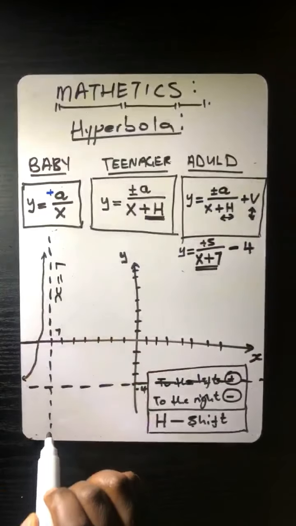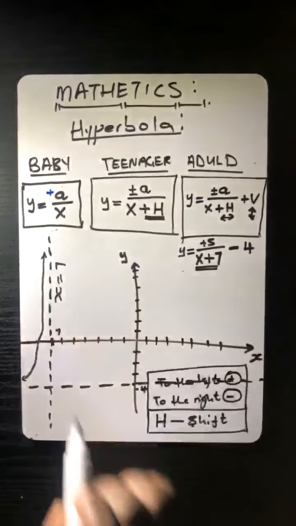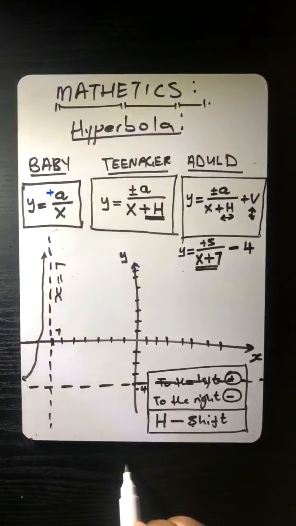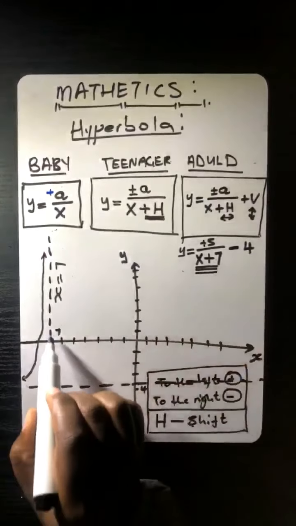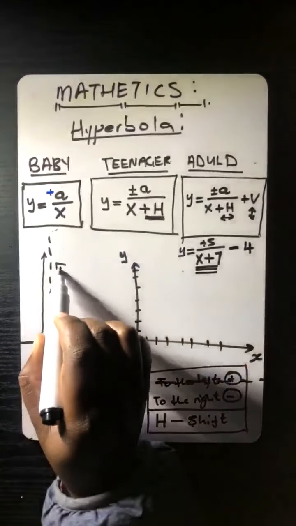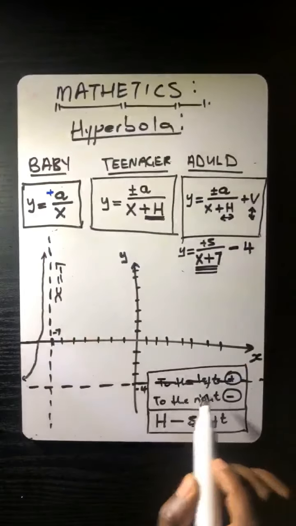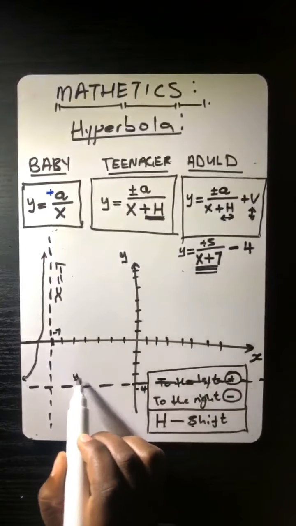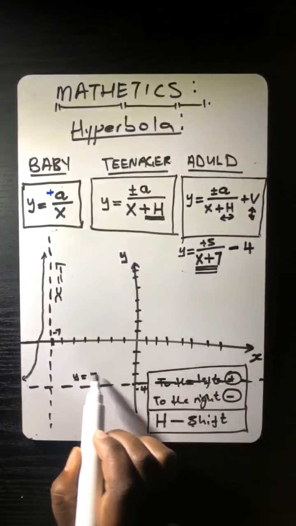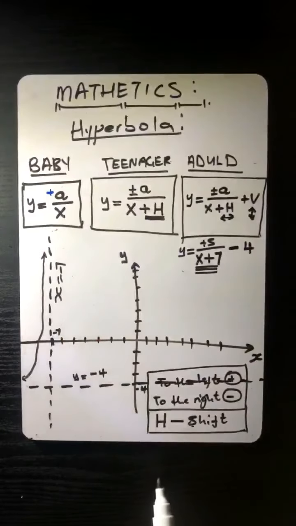Because this is the vertical asymptote and it touches x at 7. No, it's going to be -7. Can you guys see? It touches it at -7. And this one cuts the y-axis, so it is y equals -4. So these are the equations of the asymptotes.